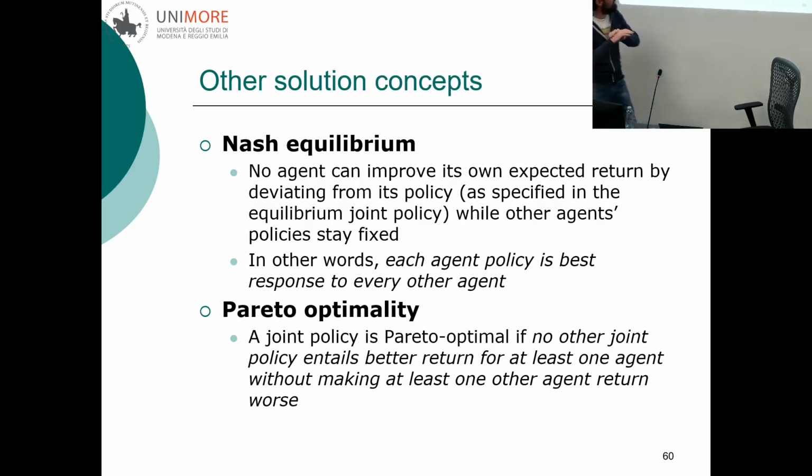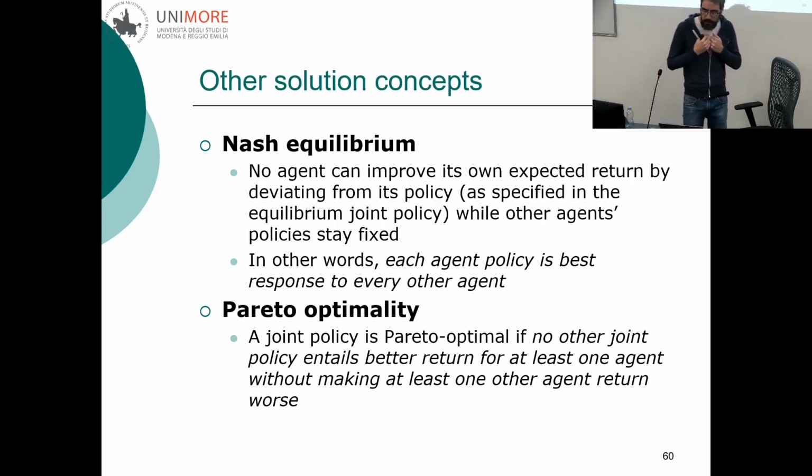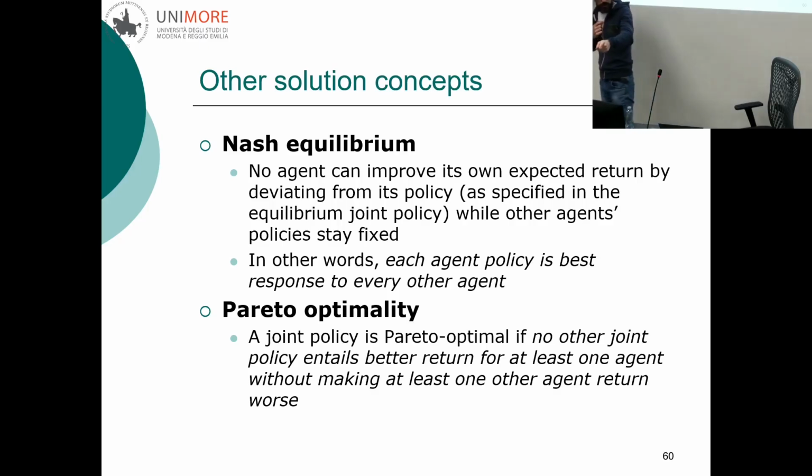We are in a Pareto optimal joint policy. Instead, if I can improve my expected return without making any of you worse, we are not in a Pareto optimal joint policy. I can improve without degrading your performance. They do sound similar, I know, but they are different. Keep in mind these two, keep in mind why they are different.